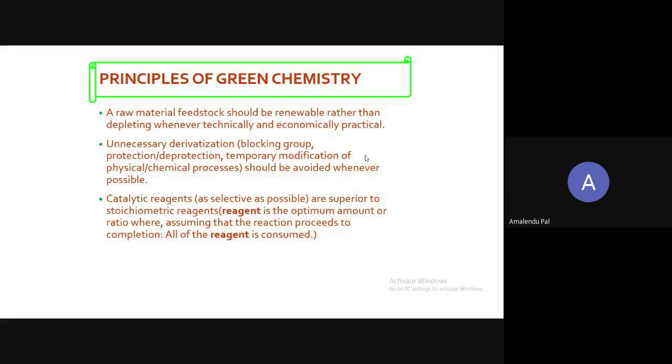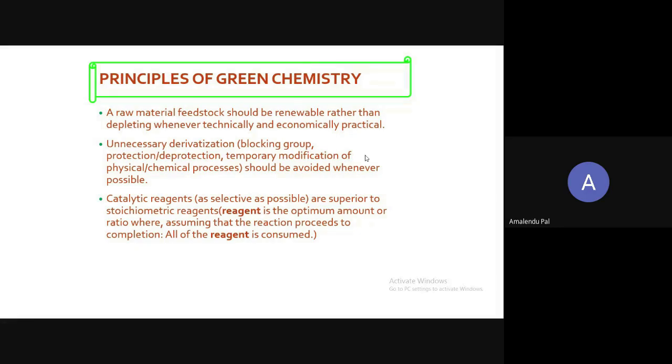Unnecessary derivatization that we do in the lab, blocking groups, protection, deprotection, temporary modification of physical chemical processes, should be avoided whenever possible.